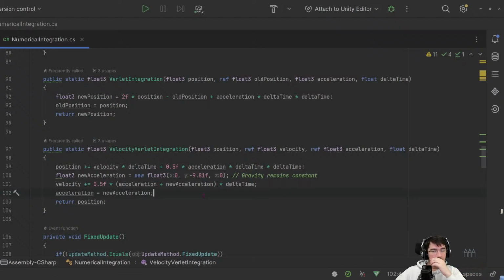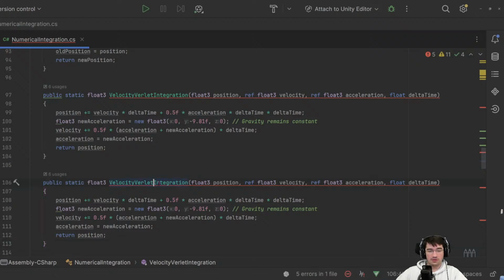So can we change something here to not have to track the acceleration, basically, and still keep the same accuracy? So let's create an additional method. Let's call it modified.